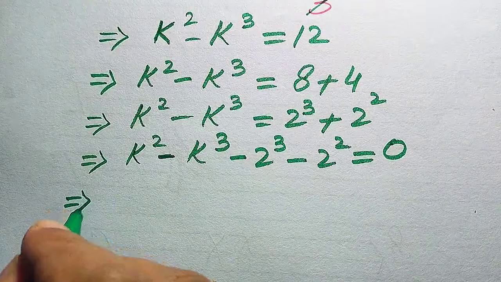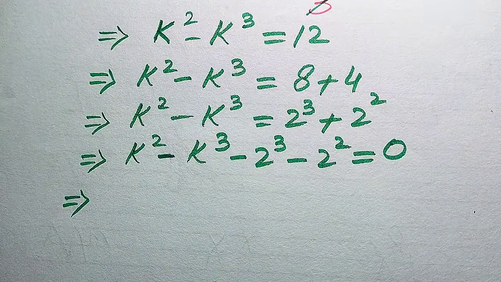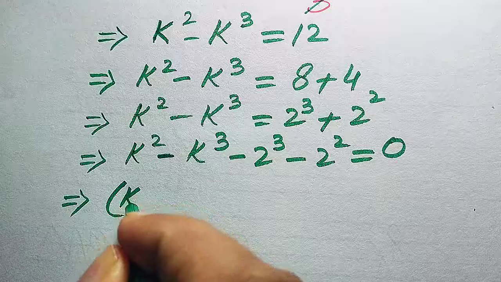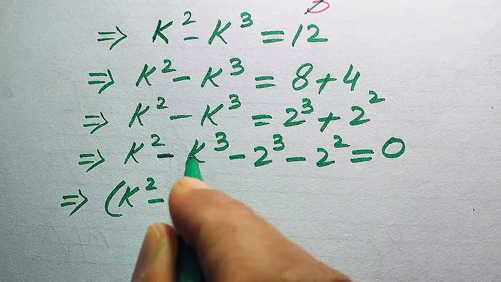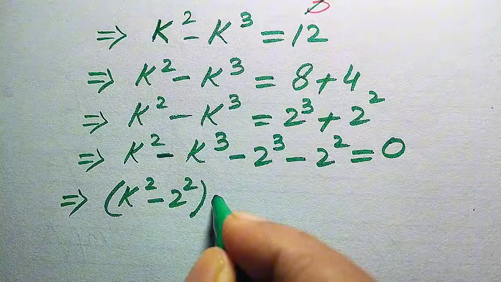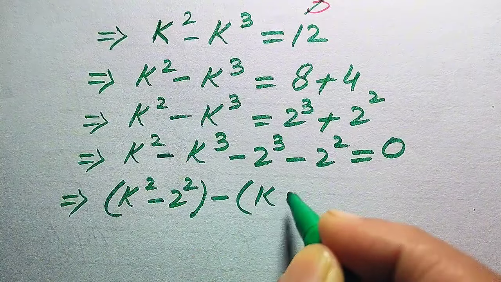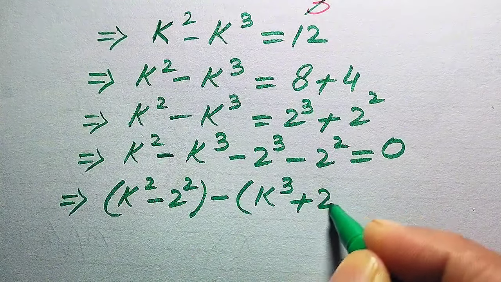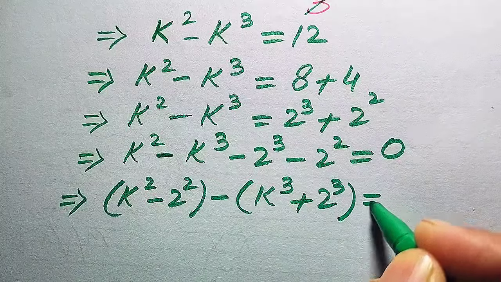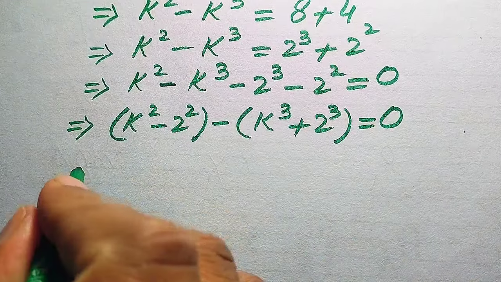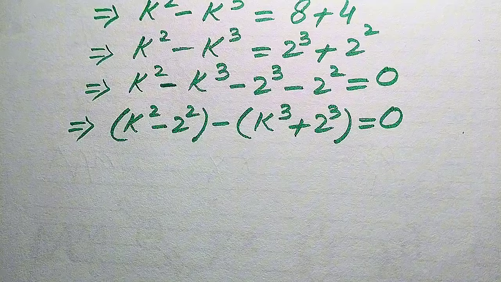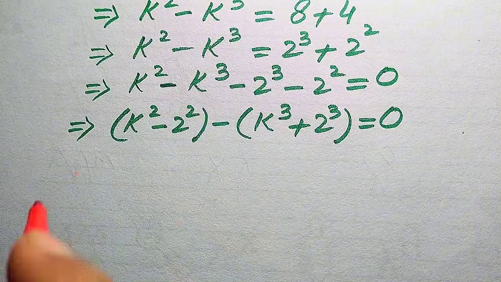Now we make a pair of square term with square term: k square and 2 square. Here we take a common negative sign from the other two values, and it becomes k cubed plus 2 cubed, and this whole equation is equal to 0. Further we need two nice formulas, and you know about them.